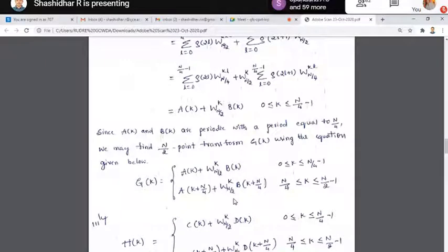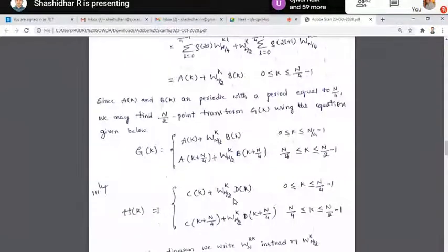But in the second stage, stage 2, the even values are divided again into two, and the odd values are divided again into two sub-values, meaning N/4 and N/4, because N/2 is divided into N/4 and N/4.